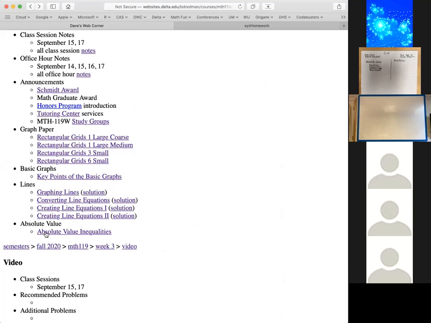Handout about absolute value inequality. I can't even remember what I put there. A little bit slow right here. It's amazing what you consider slow after you get used to things.